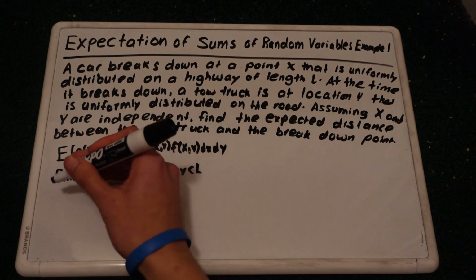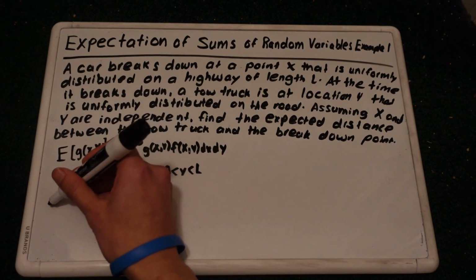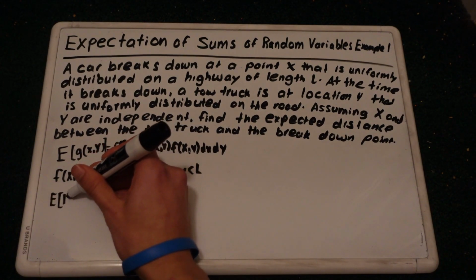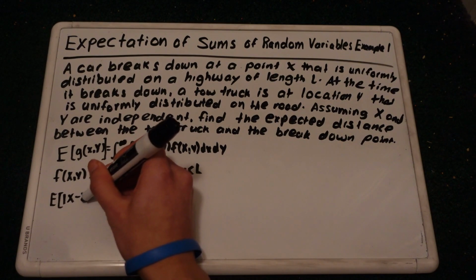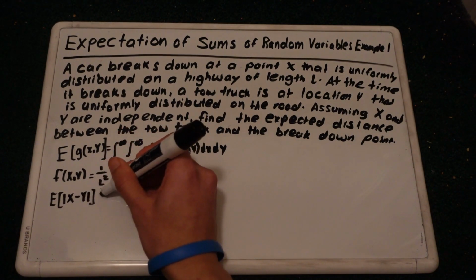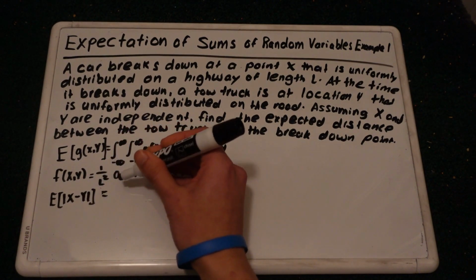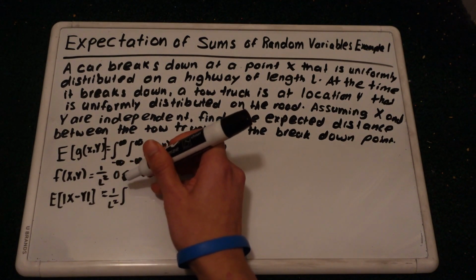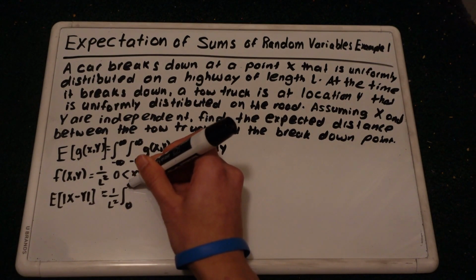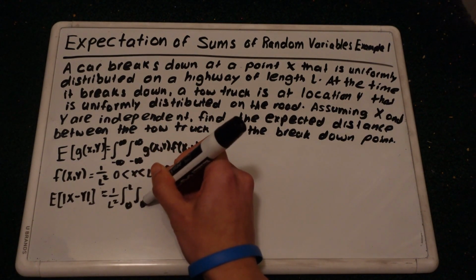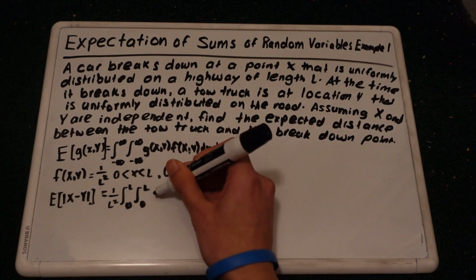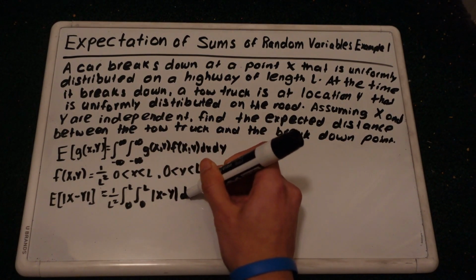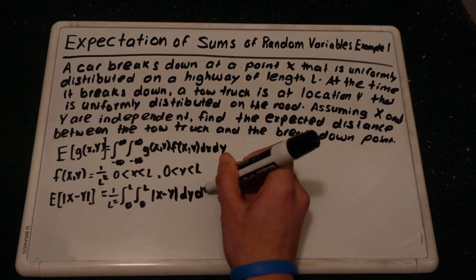So based on the formula, let me write it down. We would denote E of the absolute value of x minus y as equal to 1 over L squared, the integral from 0 to L, another from 0 to L, of the absolute value of x minus y, dy dx.